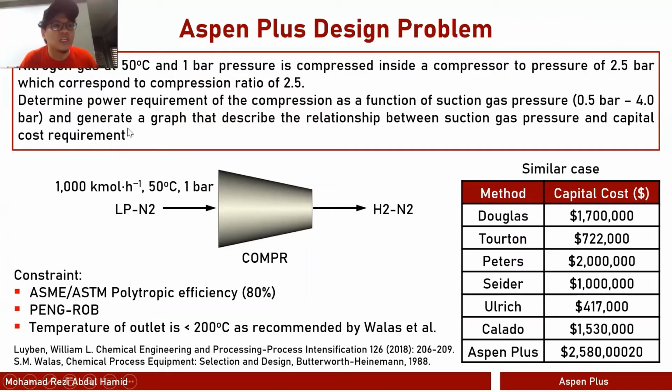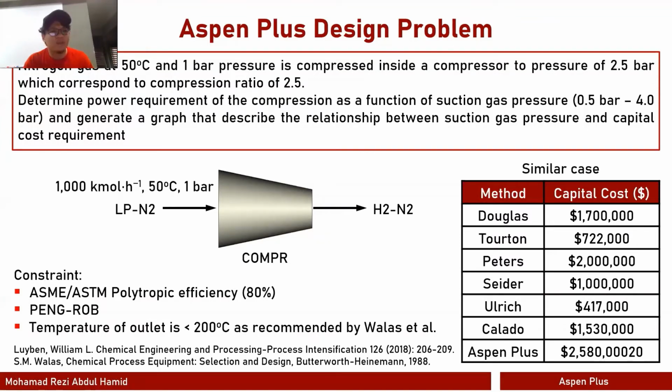And we will also generate a curve or graph that describes the relationship between suction gas pressure and capital cost requirement. In this case, it's the same compressor, but they use a different correlation. For Aspen Plus, it's around 2.5. I'm sorry, this is 2.5 millions, by the way, not this. This is wrong, by the way.